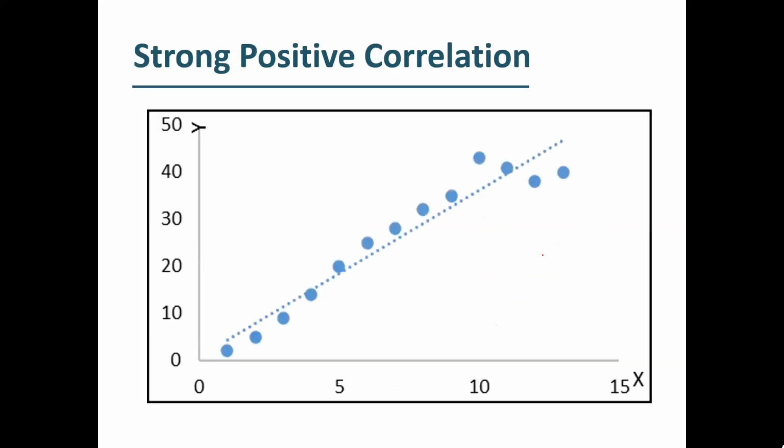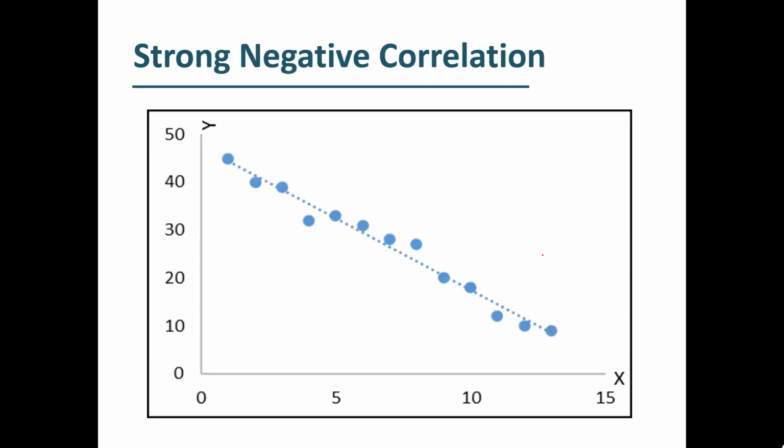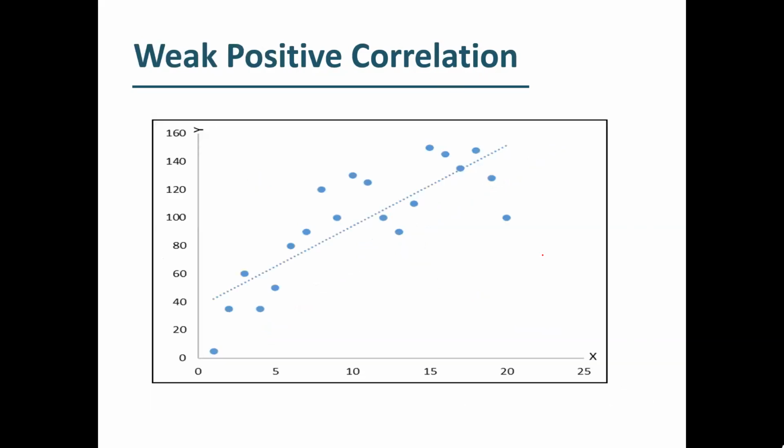We have strong positive correlation. You can see that all data points are not on the line. Some of them are on the line, some just above or below the line, but they are not very far from the trend line. Similarly, we have strong negative correlation. Then we have weak positive correlation.